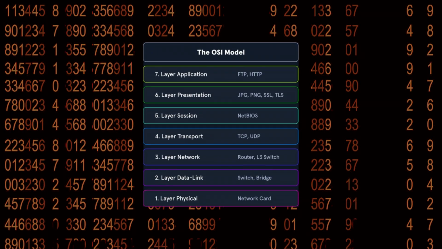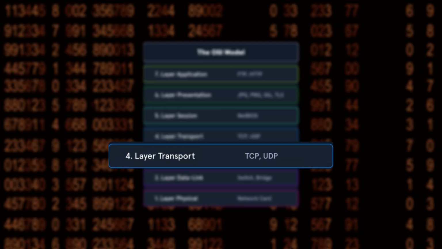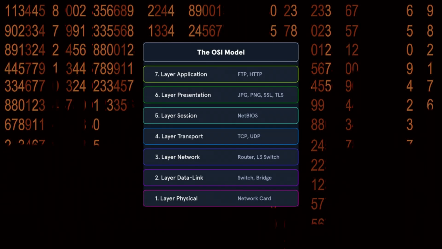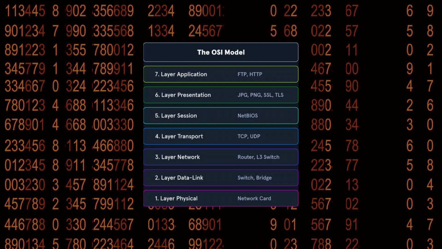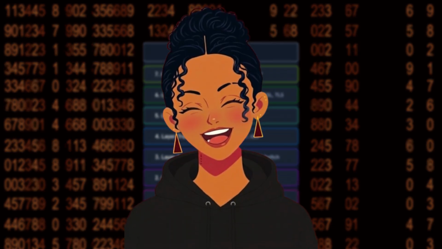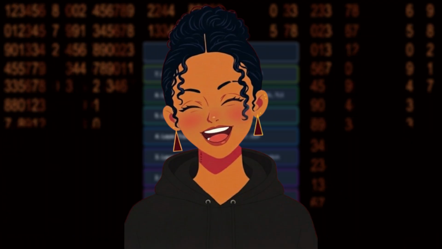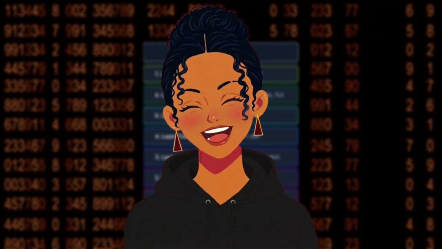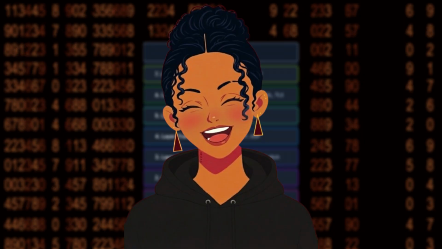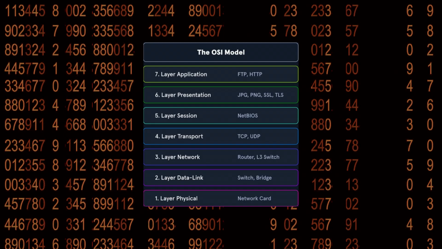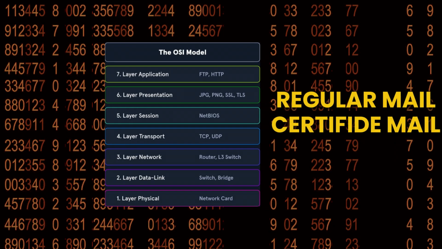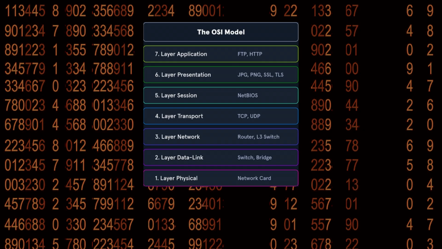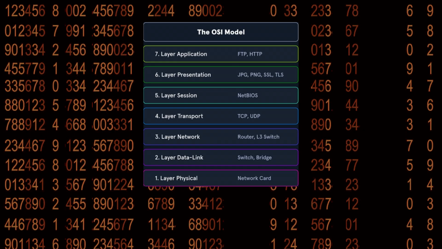Now after this is layer 4, which is the transport layer. This is the delivery, like a delivery guarantee. It has two features. We're just trying to simplify this video for fresh ears. The transport layer is like choosing between regular mail or certified mail. TCP is like the certified mail.